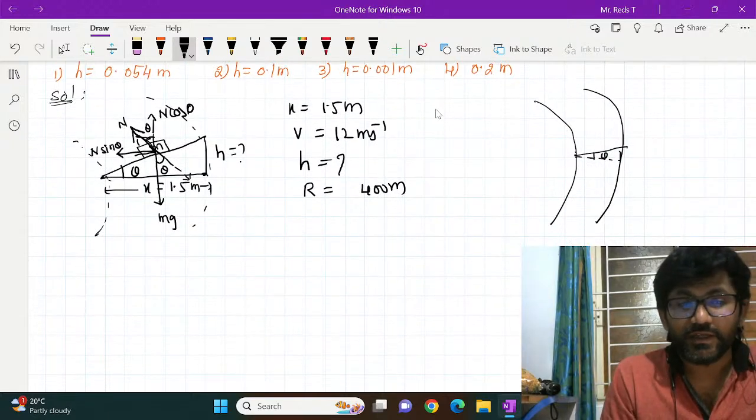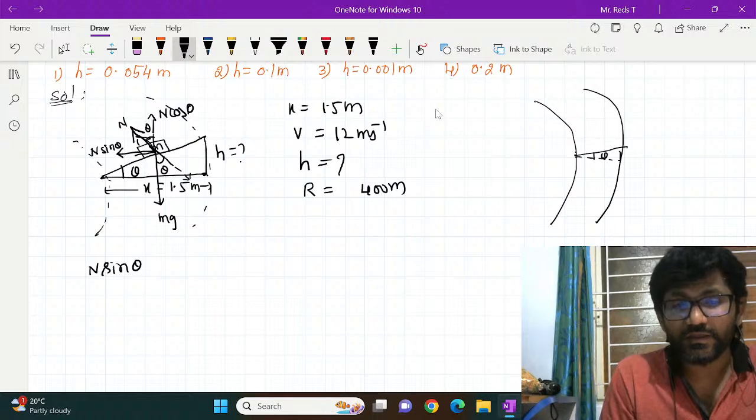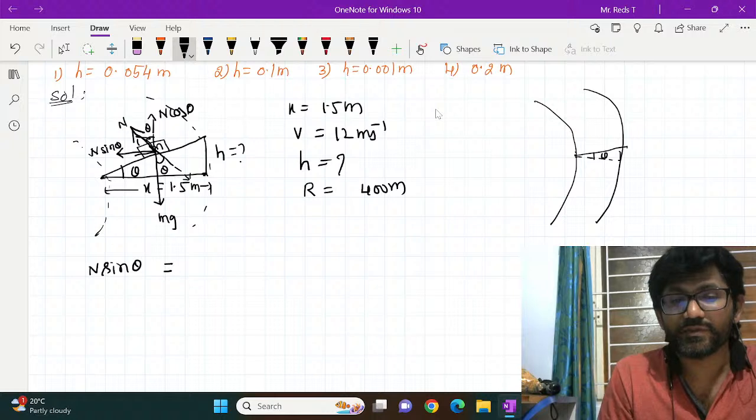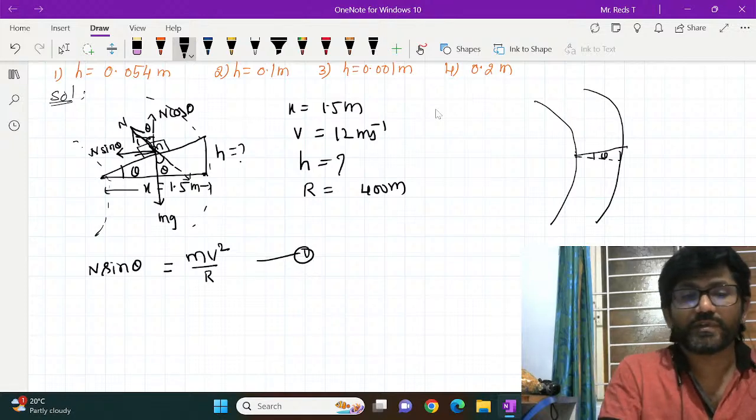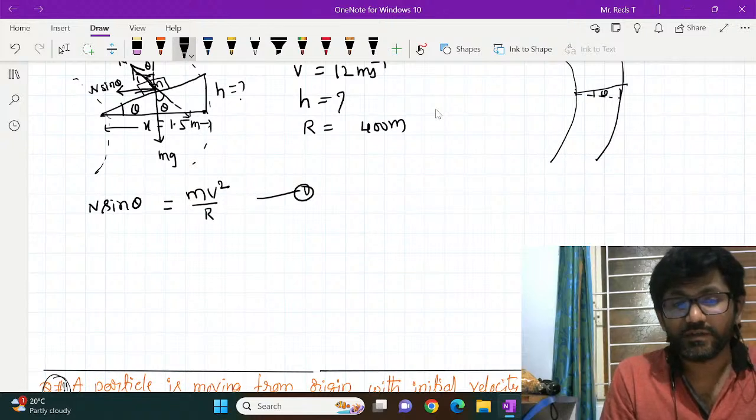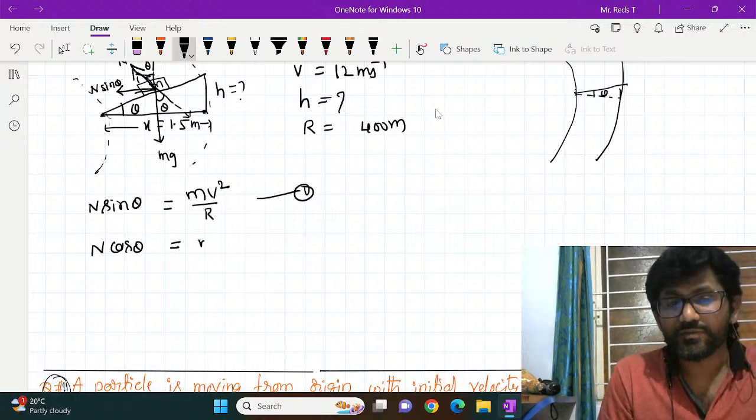N sin theta is a component of force. This provides the required centripetal force. Centripetal force is nothing but, for a vehicle of mass m moving with safe velocity v, mv square by r. You can take this as equation 1, whereas N cos theta is balancing with mg, equation 2 you can take.